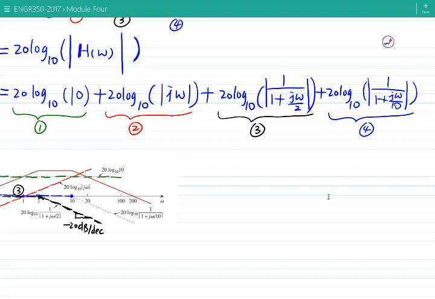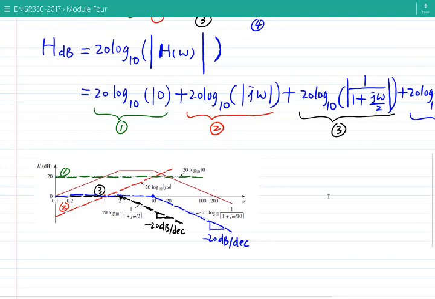It crosses the frequency axis or omega axis at the corner frequency, which is equal to 10. So the slope is minus 20 dB per decade. Okay, so this is number 4.